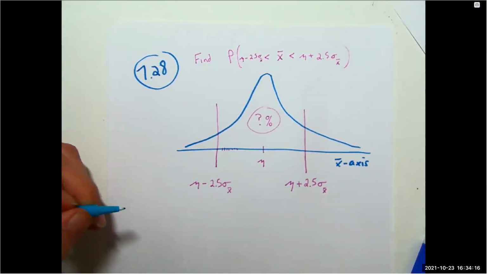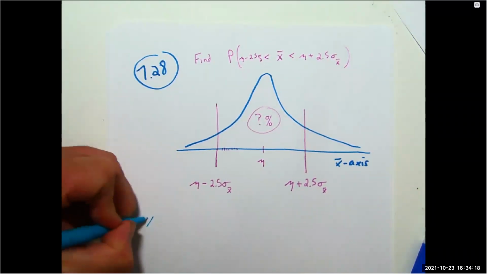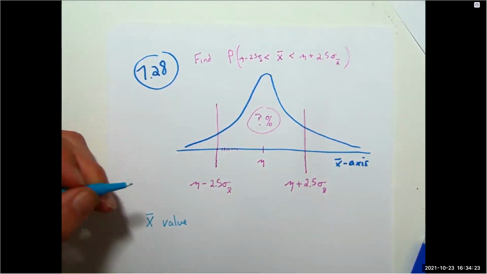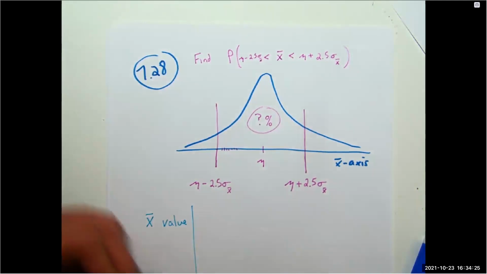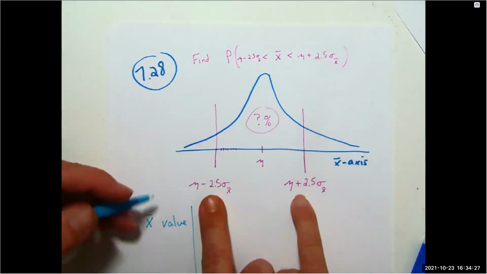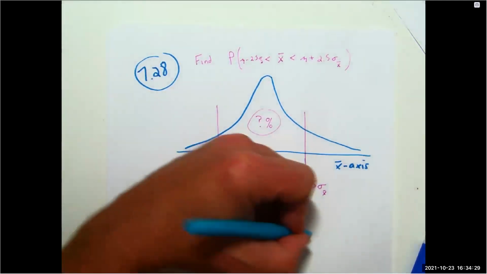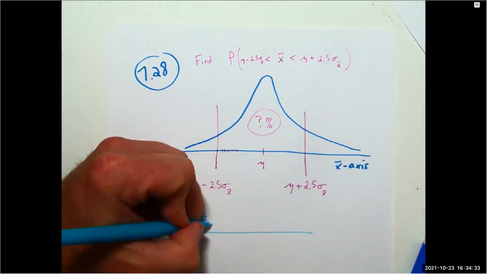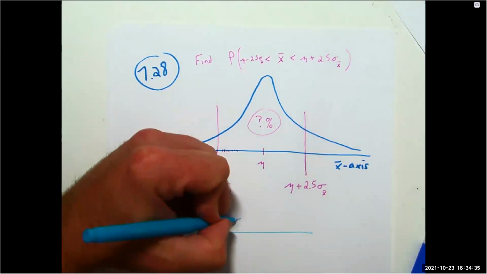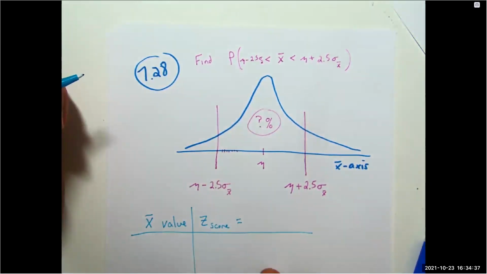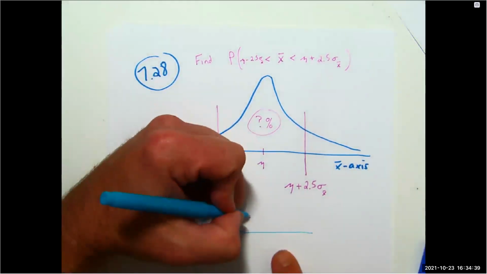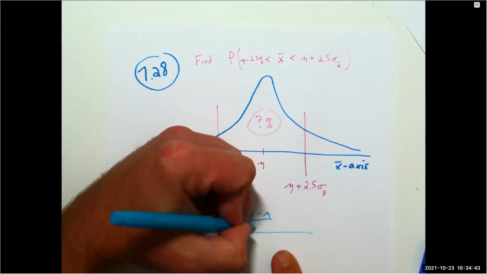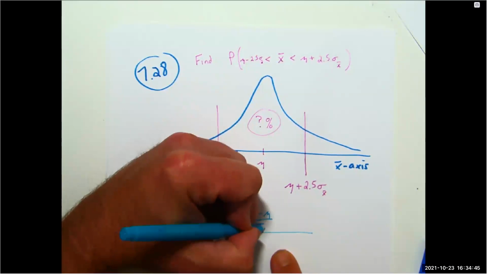I'll make a table here to try to help illustrate this. We've got two different x values here, and we want to find their z-score. And that's going to be given by the formula x bar minus mu over sigma sub x bar.